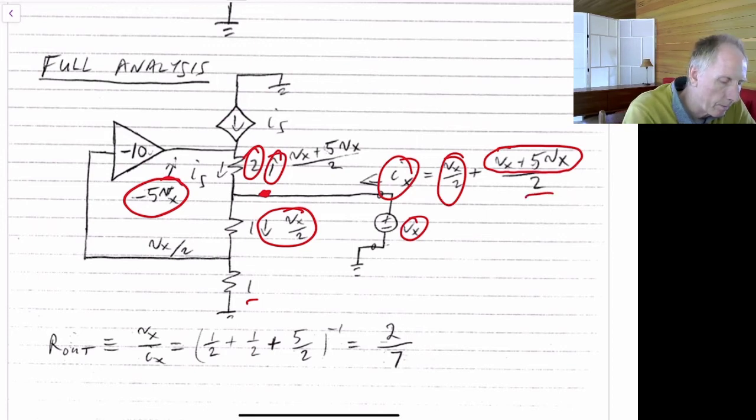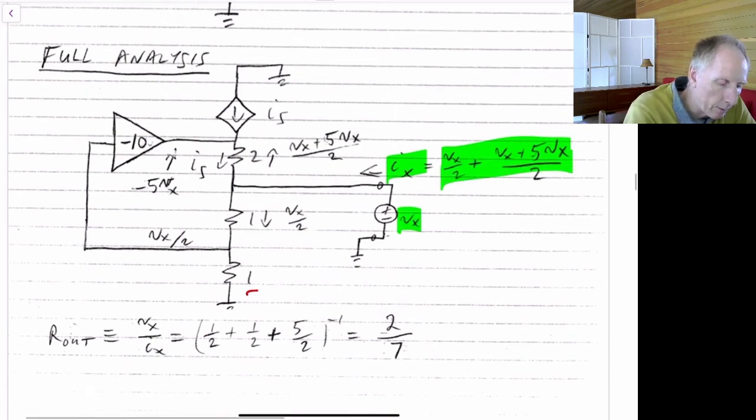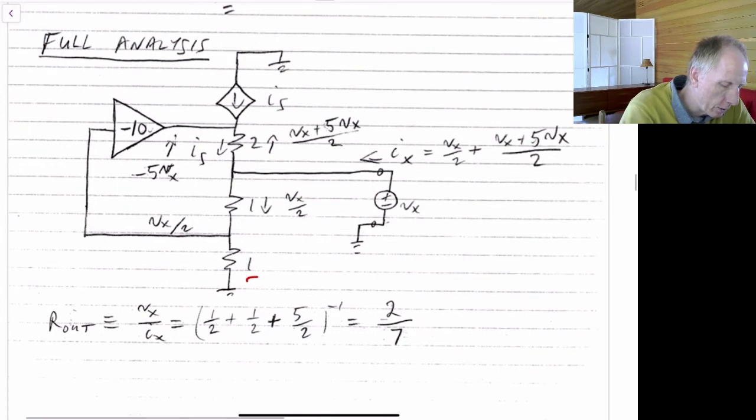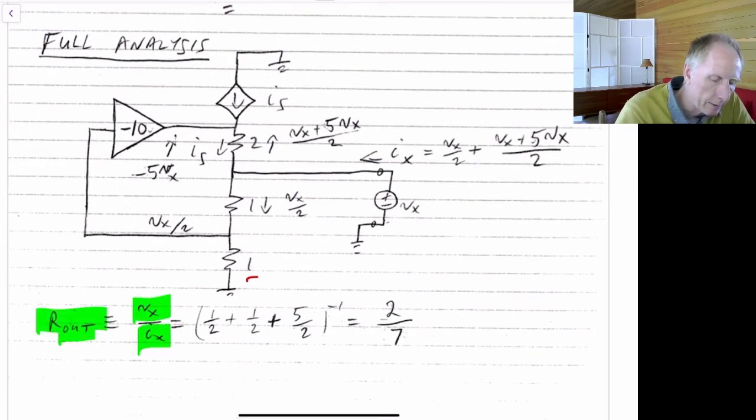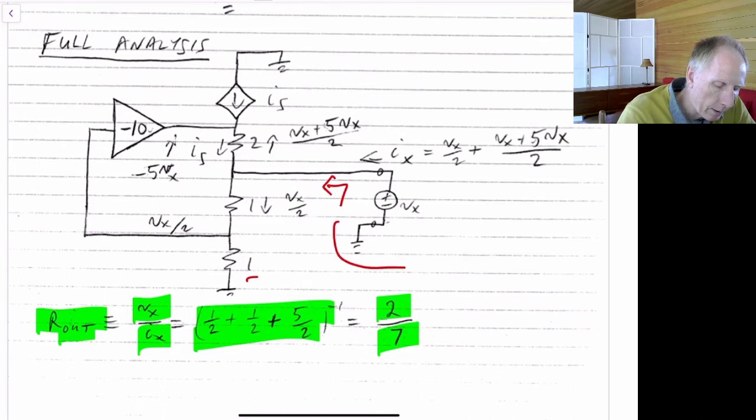So this becomes our formula relating Ix and Vx. And we can then just find our Rout, which is Vx over Ix. Using that formula, we'll end up with this result here. Take it to the minus 1, and we'll end up with 2 over 7. So the impedance looking into this node here is 2 over 7 ohms.